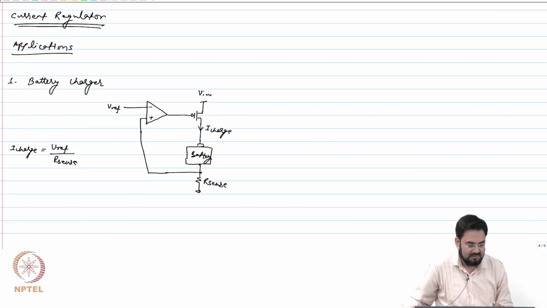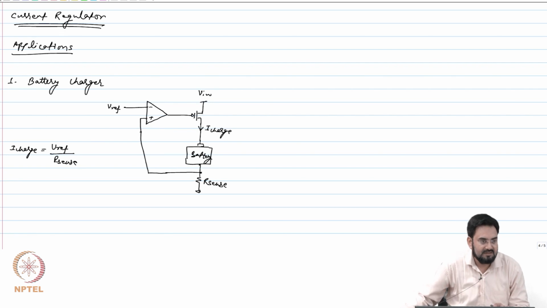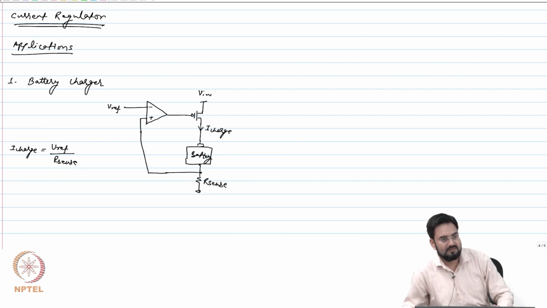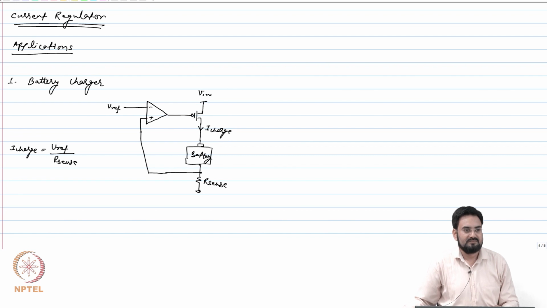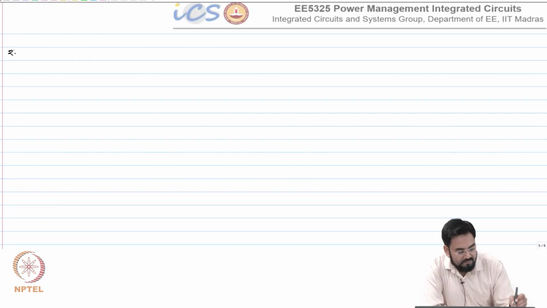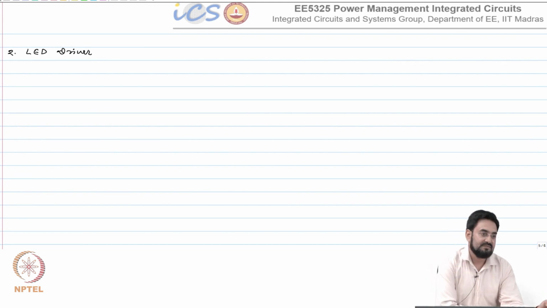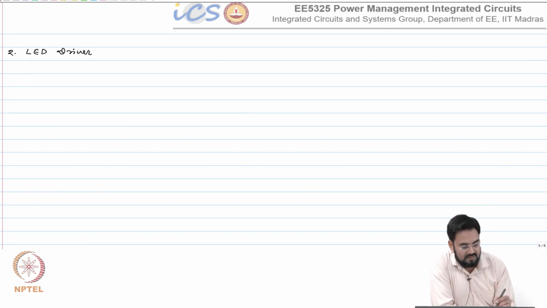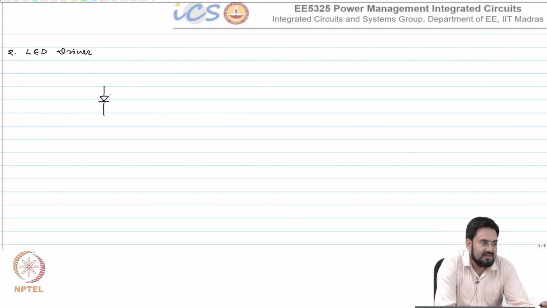Biasing? No, but for that you don't need a regulator. LED driver. Okay, so you have this LED and this requires a constant current.